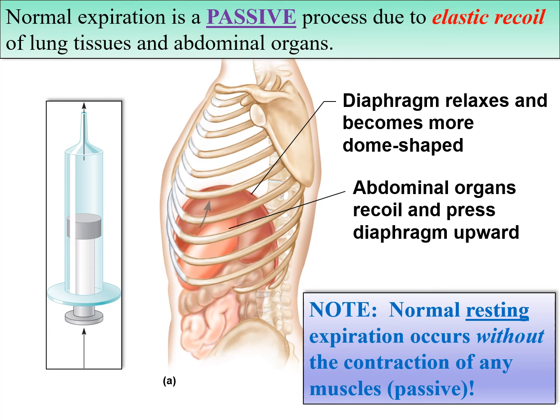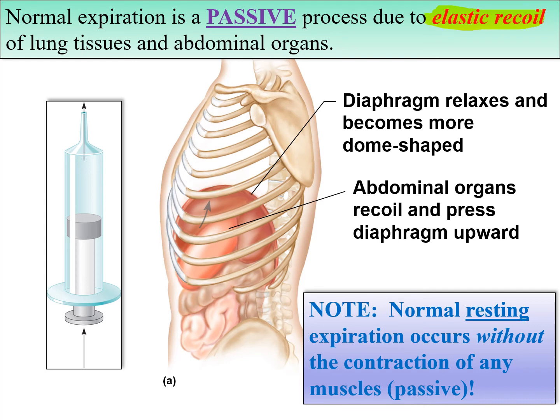In the case of normal quiet breathing like you're doing right now, when air exits your lungs, it occurs as a result of passive processes. In other words, there's not typically any sort of stimulation of muscles during normal, quiet breathing. So in this case, we're looking at a phenomenon referred to as elastic recoil.